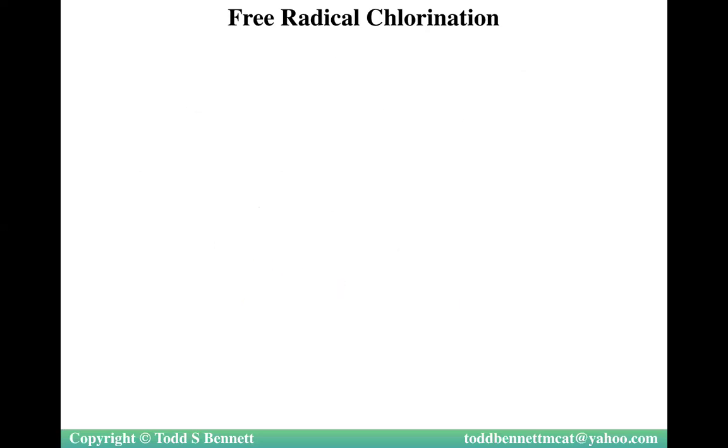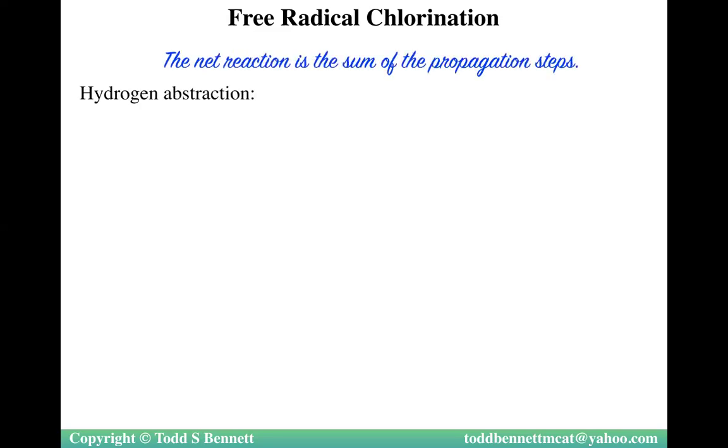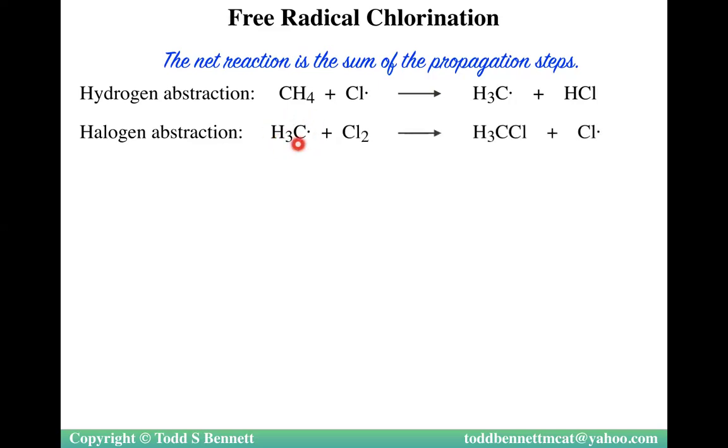Okay, for radical chlorination, the net reaction is the sum of the propagation steps. So I want to just emphasize that again. Hydrogen abstraction was the CH4 reacting with the Cl free radical to give you CH3 and HCl. The halogen abstraction, that methyl free radical reacted with Cl2, took a Cl and gave a Cl off.